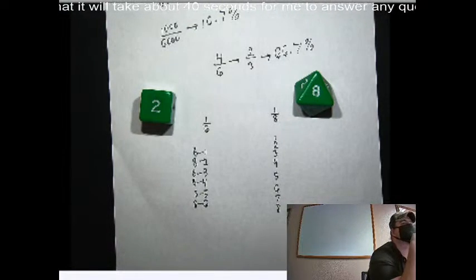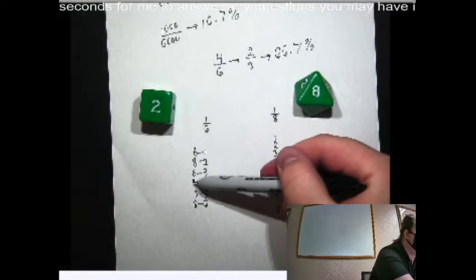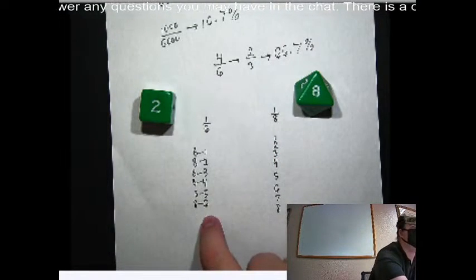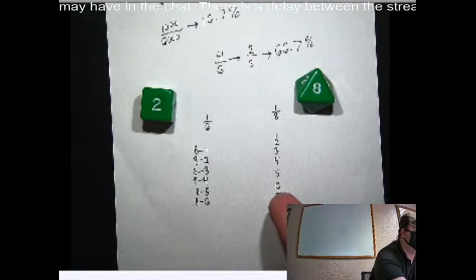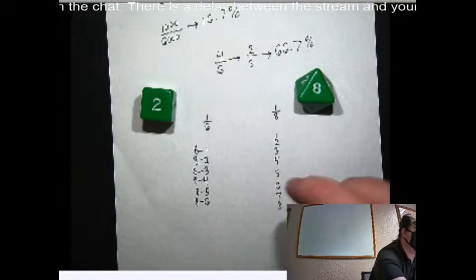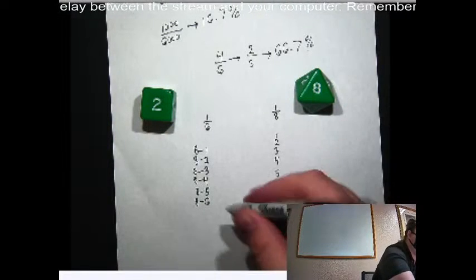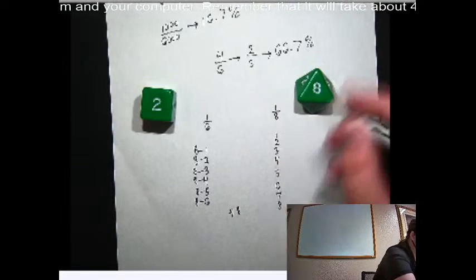So how many possibilities are there total? Well, we have 1, 2, 3, 4, 5, 6 on this die. So in other words, what we're doing here is we're taking the possibilities here and multiplying them by the possibilities here. So 6 times 8 is 48. There are 48 possible outcomes if I roll these 2 die.